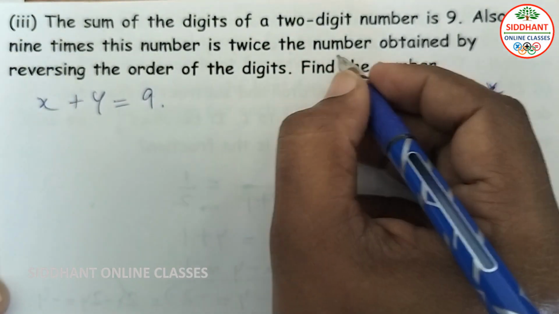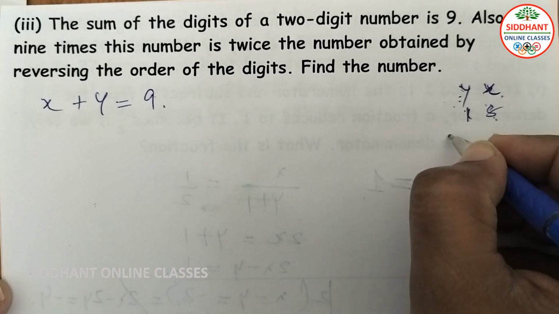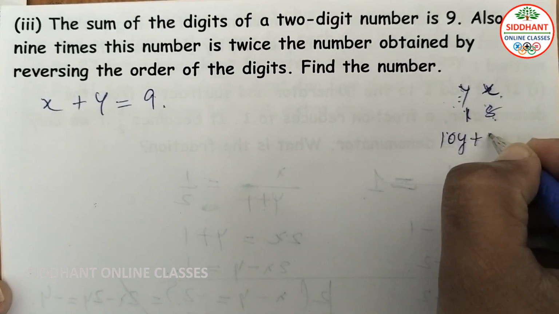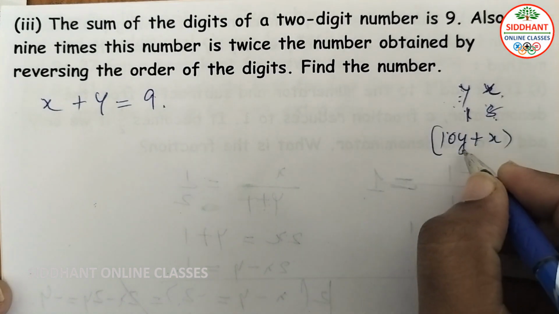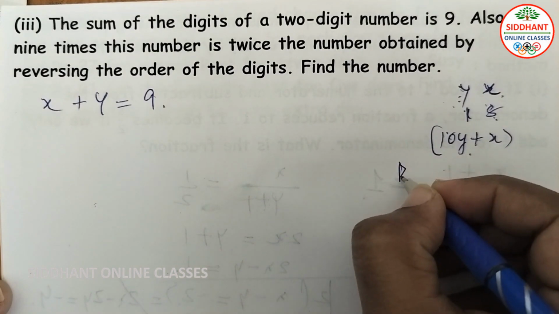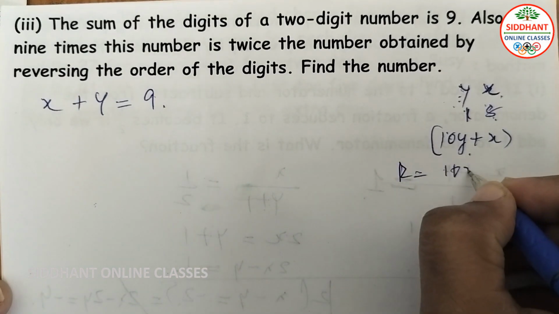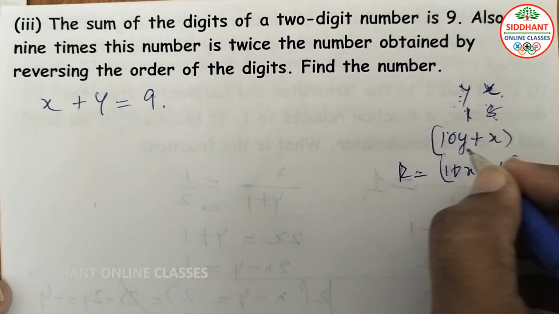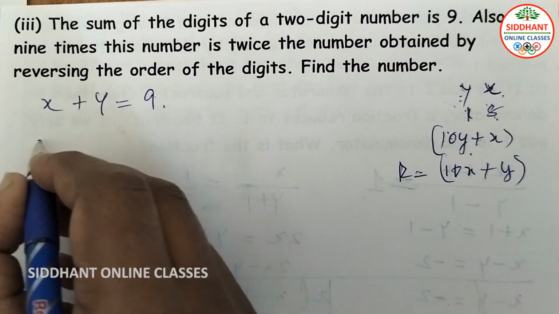So 9 times this number means what is this number, which is in the form of 10y plus x here. Reversing this number means the reverse number will be 10x plus y.